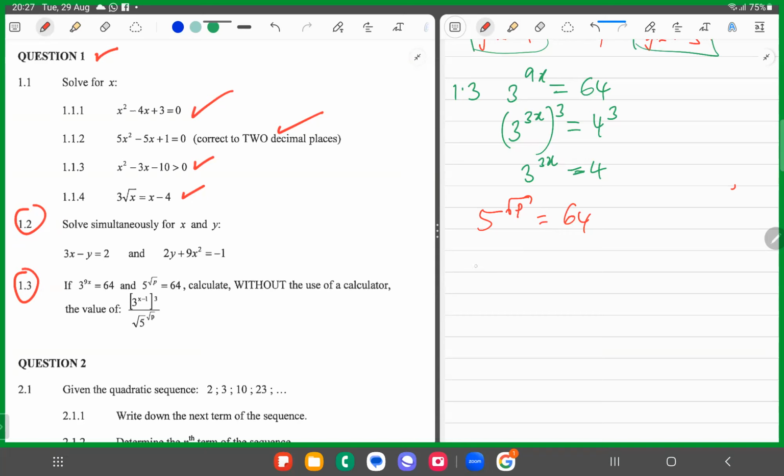So now you can decide to apply the square root both left and right. So you'd have the square root of 64, and here you can have the square root of 5 to the p. What is the square root of 64? We know it's 8, and this is the square root of 5, and this one is the square root of p.